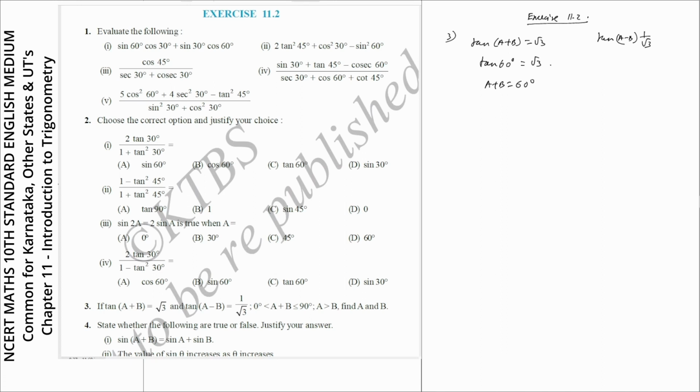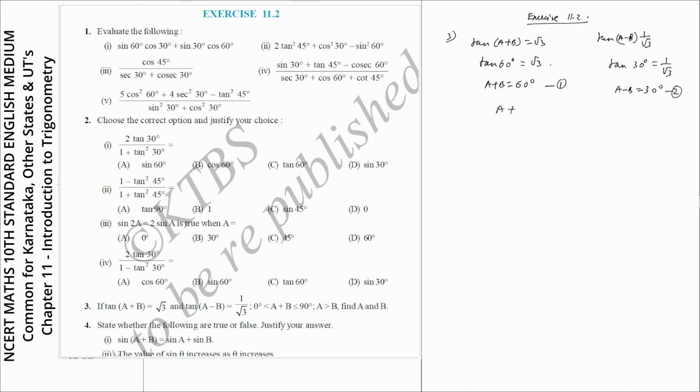In the second case, tan of (A minus B) is 1 by root 3, and tan of 30 degree is 1 by root 3, so A minus B is equal to 30 degree. I'll call these equations 1 and 2. If I solve 1 and 2, I'll get A and B.